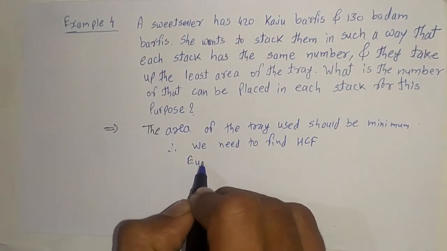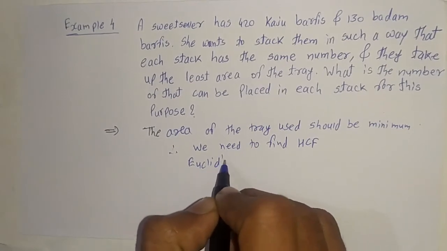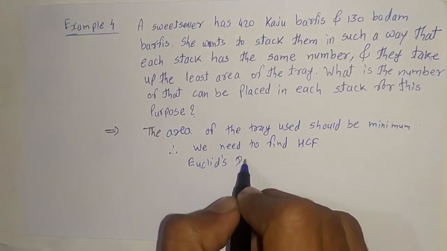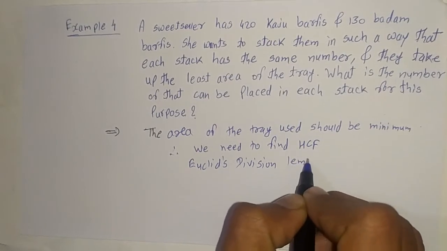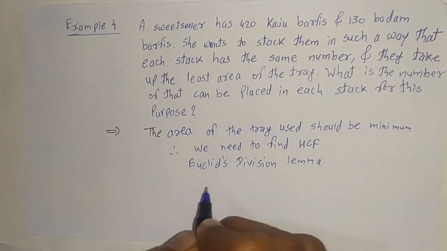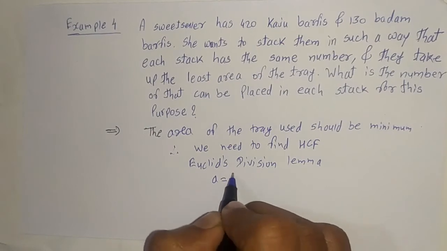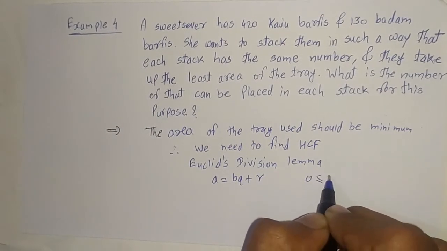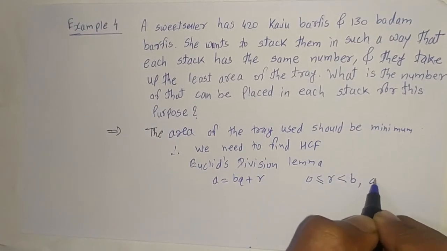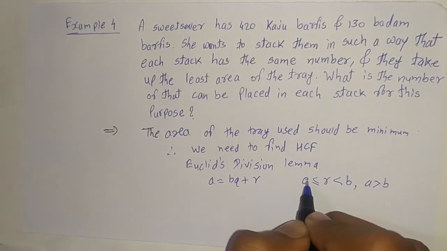right here. Euclid's division lemma: a = bq + r, 0 ≤ r < b, a is greater than b.